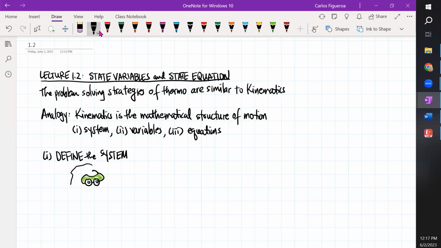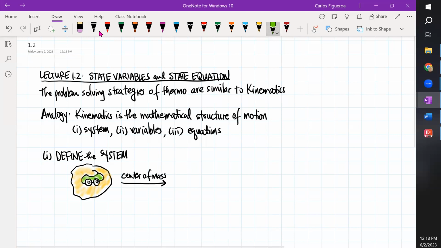So we take our system as the car here, and then we try to make this system as simple as possible. In other words, we pick the center of mass. And the car is not an extended object anymore, but in fact, it's now a point. It's the center of mass point.